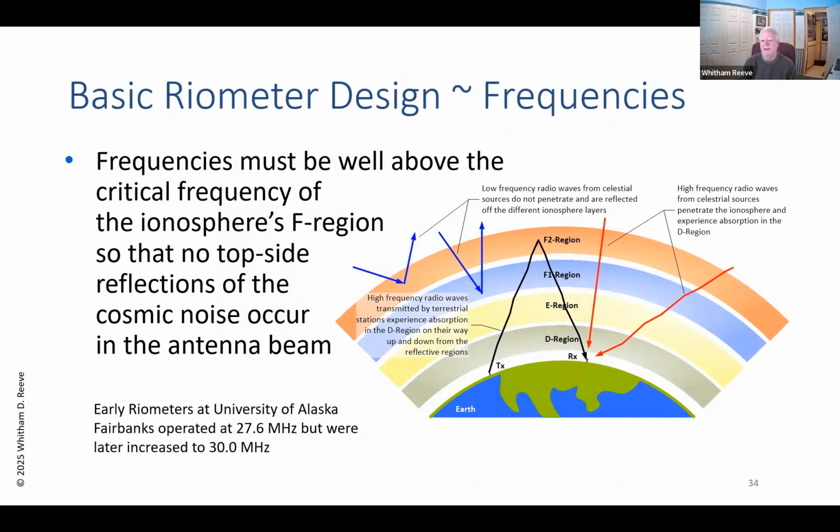That's because we want to be able to receive the galactic background radiation, and we want to be well above the F region because the F region could potentially reflect or refract the background radiation. So we're always going to be above in the high HF or low VHF region.